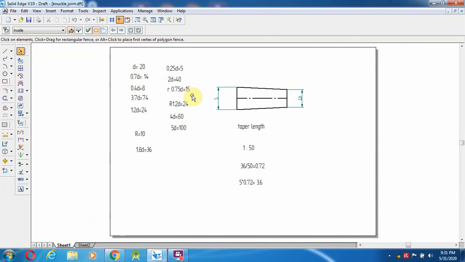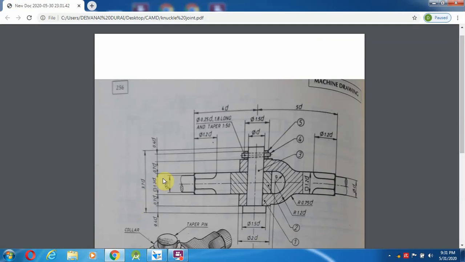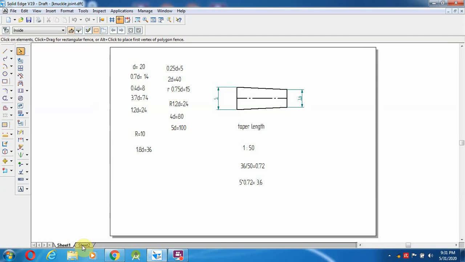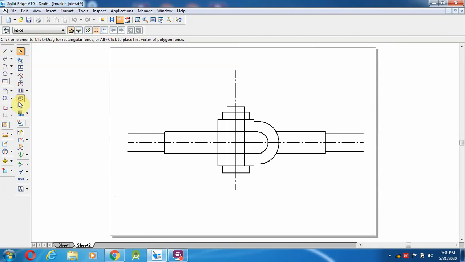What is the value over here? 15. So go to the option called fillet, with 15 radius. Select the fillet option, pick this line as well as this line, 15, enter. So it comes over here.